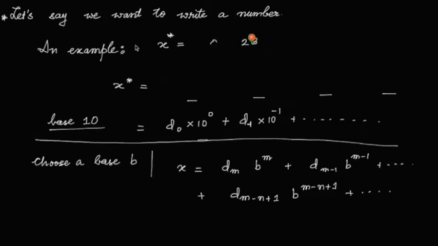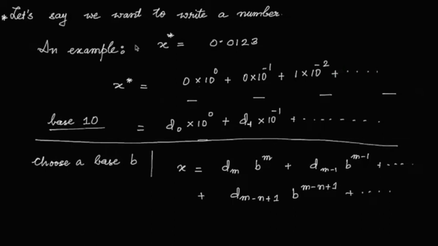So how will I write it now? So I can write it as D0, or in that case it is 0 into 10 to the power 0 plus 0 into 10 to the minus 1 plus 1 into 10 to the minus 2 plus etc. Not writing everything.